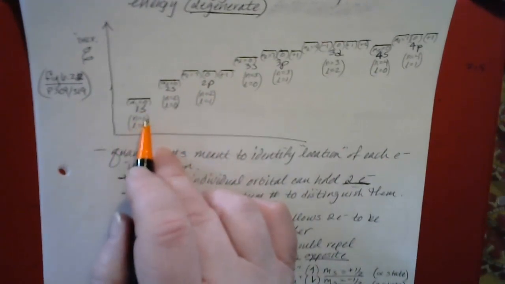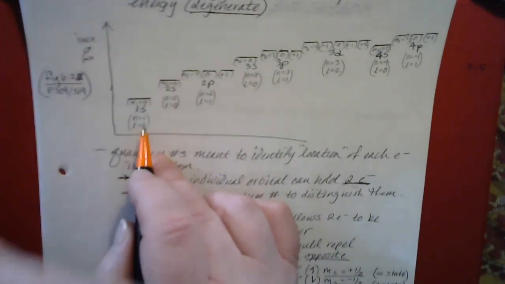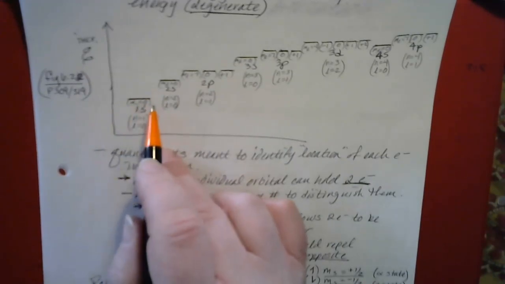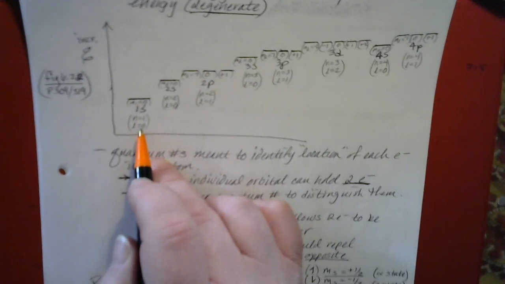And so for the S-type orbital in principal energy level number 1, we would call that a 1s orbital. In other words, n equals 1 and L equals 0, which corresponds to S-type orbitals. And m sub L, in this case, referring to the individual orbital, would be 0, because that's the only possible value for m sub L if L is 0.